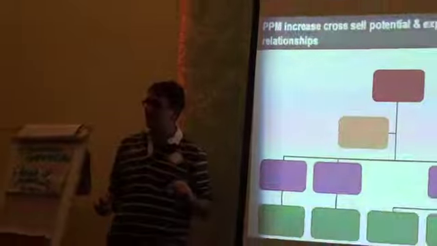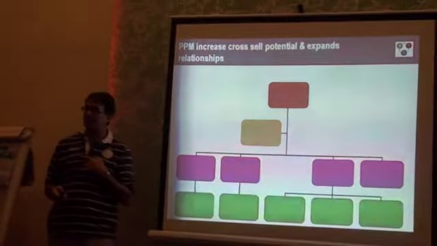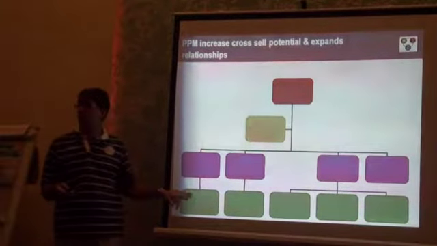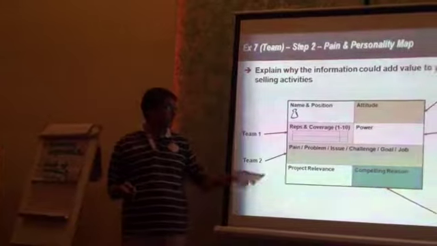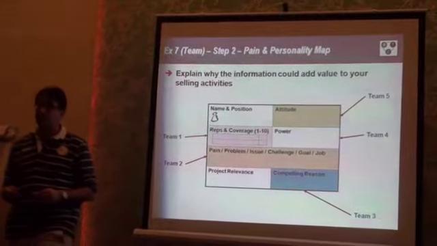But this says that this pain and personality map in its entirety is focused on one opportunity, yeah? And this is another reason why it doesn't happen very often, because it is only focused on one opportunity, yeah? Most of the things in this box really are time relevant.